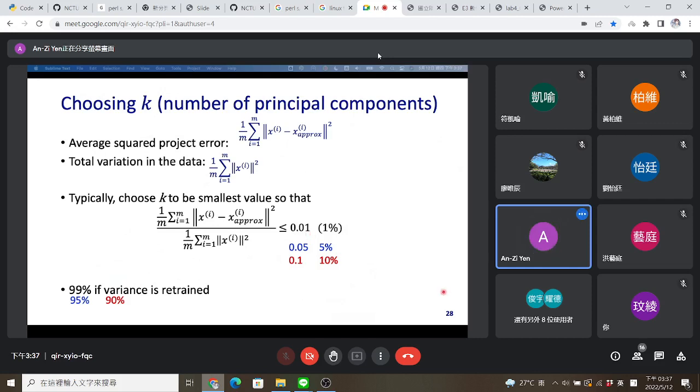The number 0.01 is what most people often use, but another common value is 0.05, which is 5%, so 95% of variance is retained.